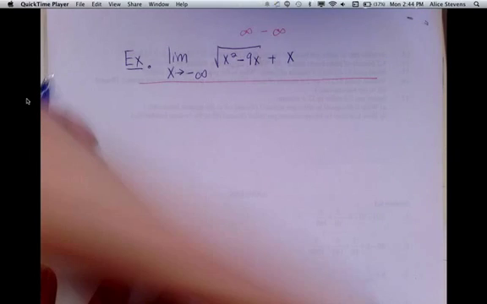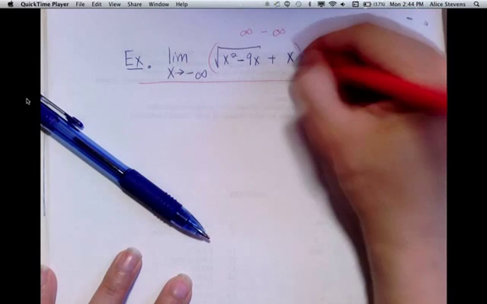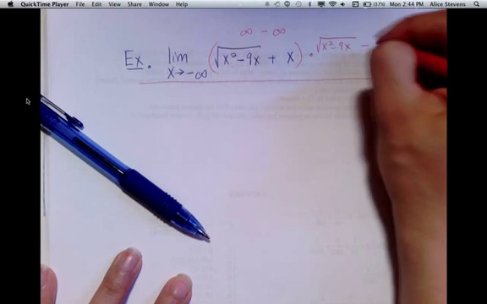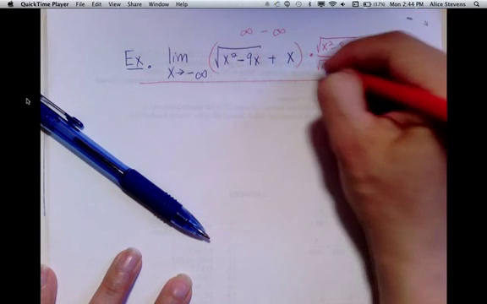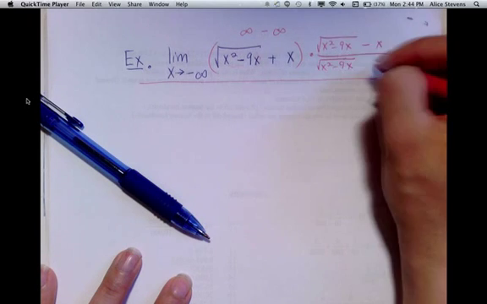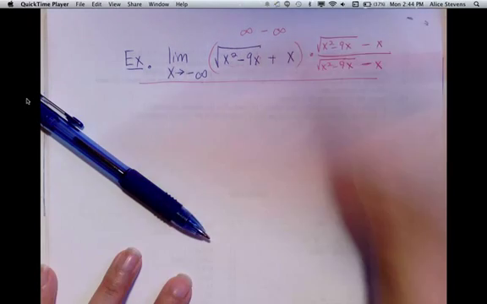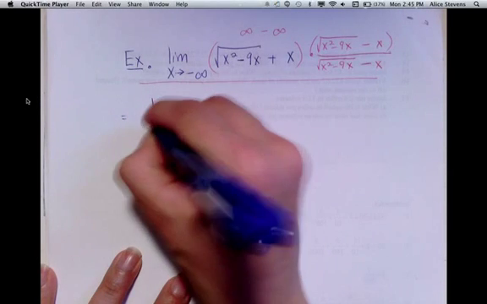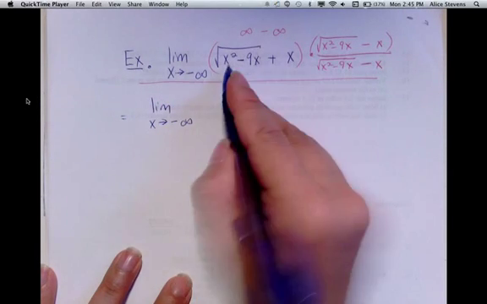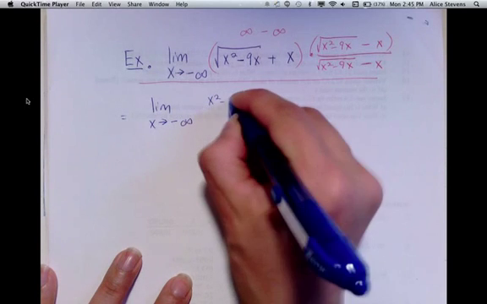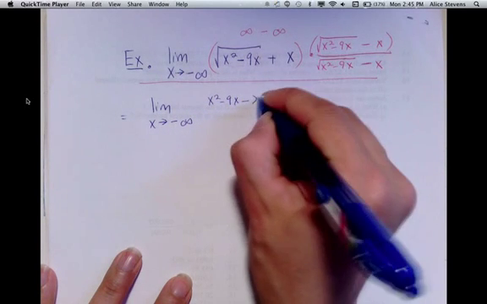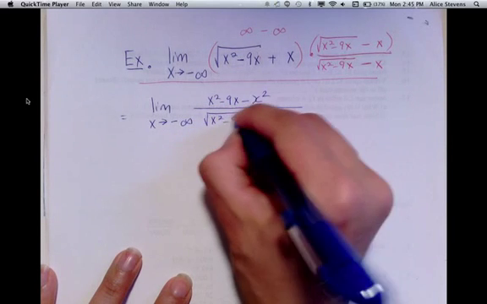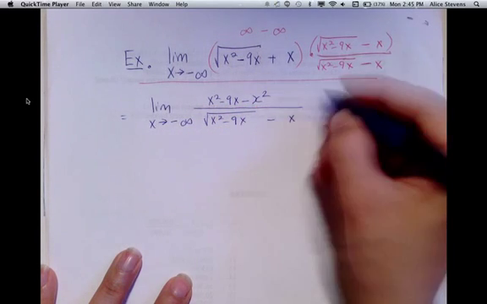What I'm going to do is multiply this by the conjugate, root x squared minus 9x minus x over the same. So I'm really just multiplying by 1. If I do that, I end up with x squared minus 9x minus x squared over this denominator.